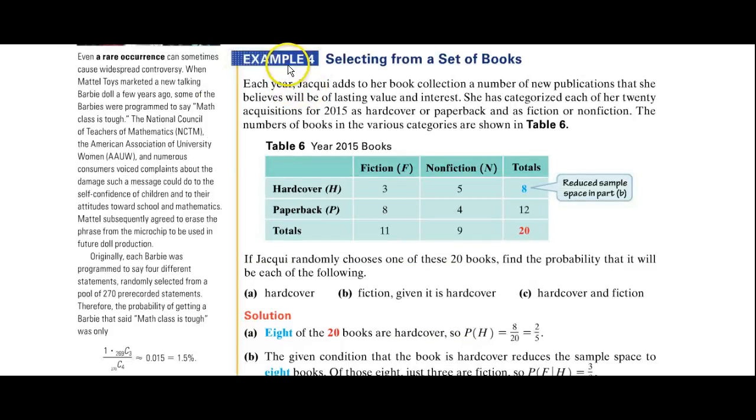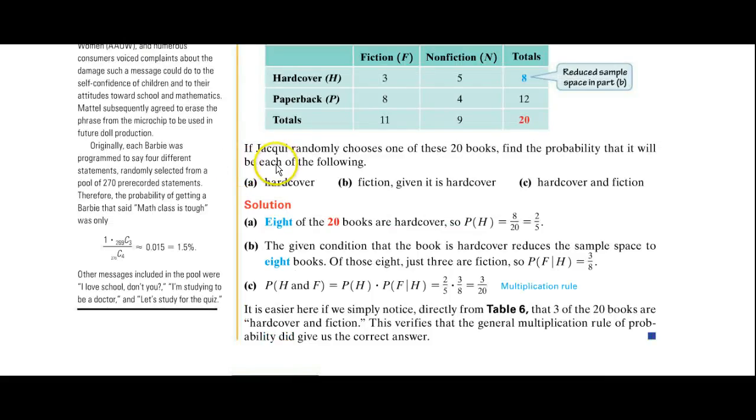As we go on to example 4, selecting from a set of books. Here this person has a collection of books, and there's 20 in all. She has some that are fiction, non-fiction, and then hardcovered, paperback. And here is the summary of what she has. So let's take this item by item.